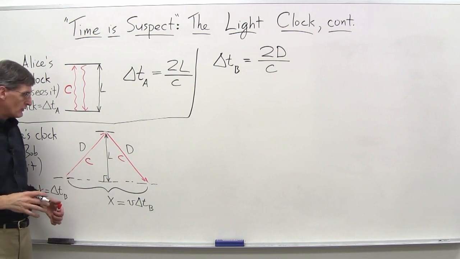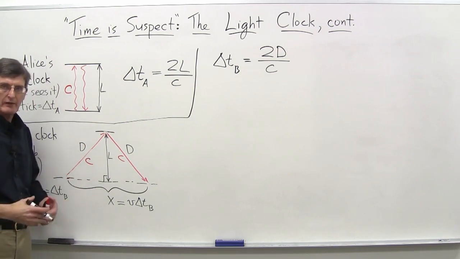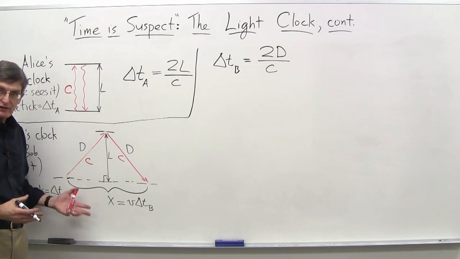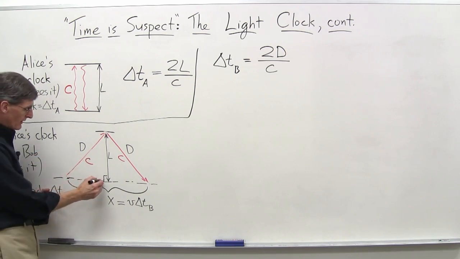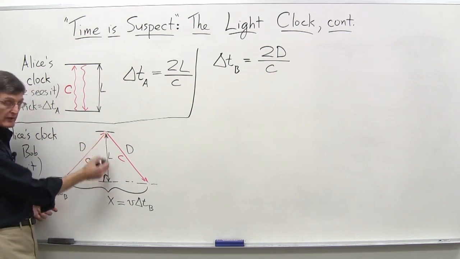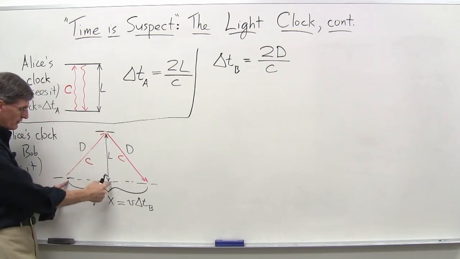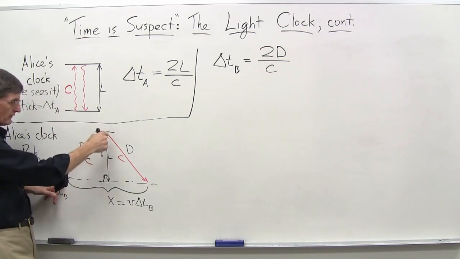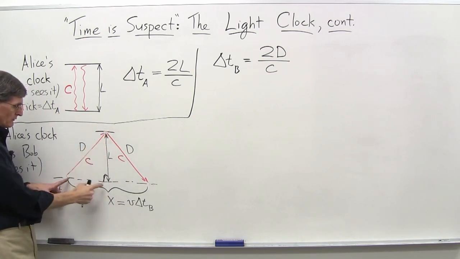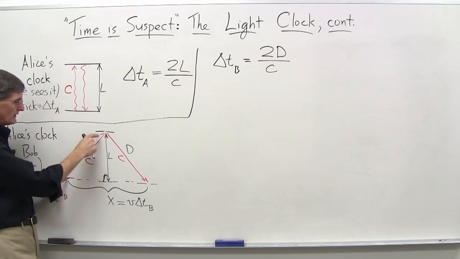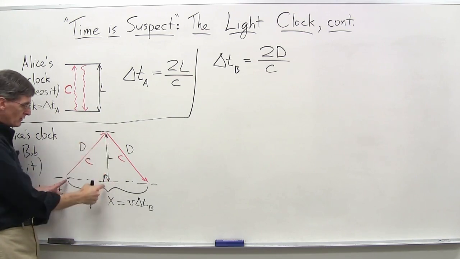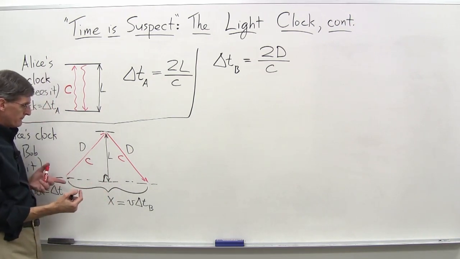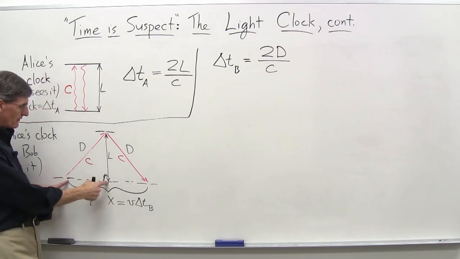Well, if you remember your early algebra, the Pythagorean theorem, right triangles, what we have here is a right triangle. We have L as one side, we have this distance here as the other side, and D is the hypotenuse. So if we knew what this side was, we'd have D squared equals L squared plus this side squared. So what is this side right here?